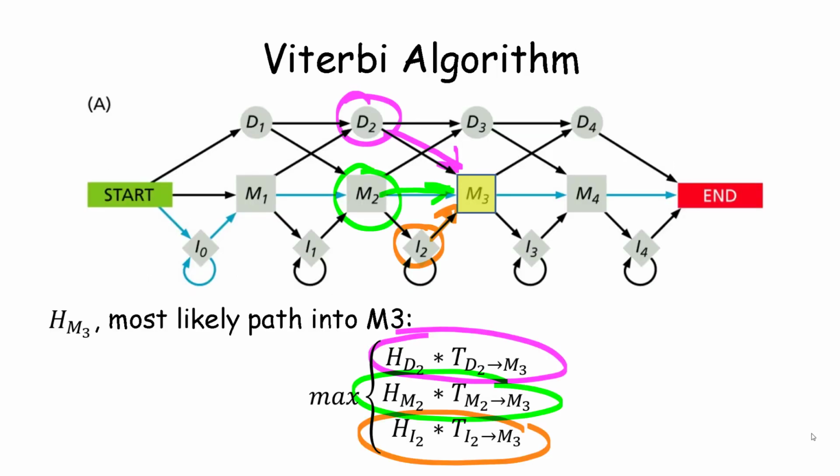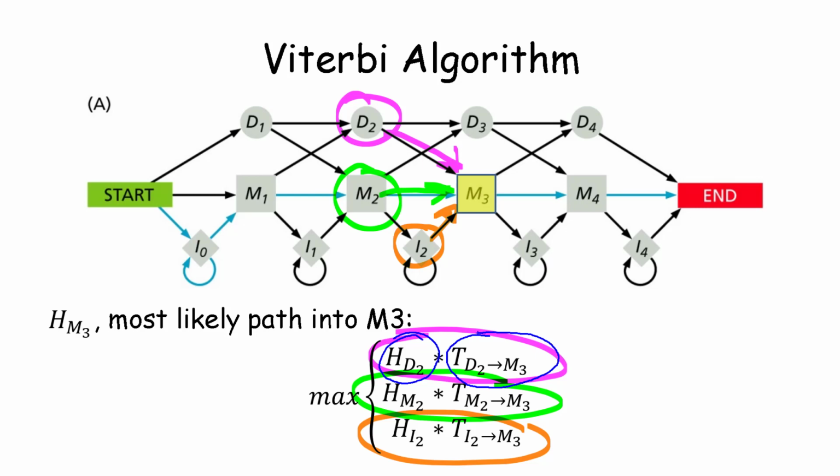For example, let's calculate the probability of the most likely path that takes us into M3. We can get to M3 from one of the three options, D2, M2, or I2. The score of each of these options can be calculated as the score of being in that previous state multiplied by the transition probability of getting into M3 from there.